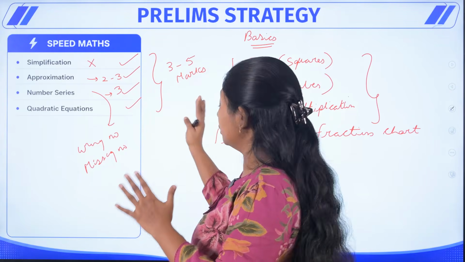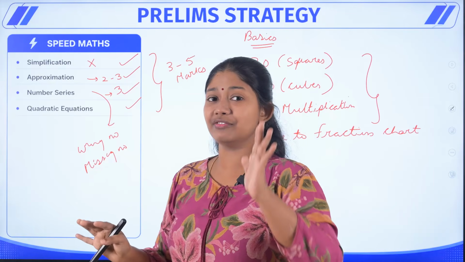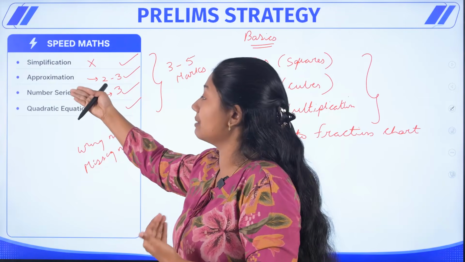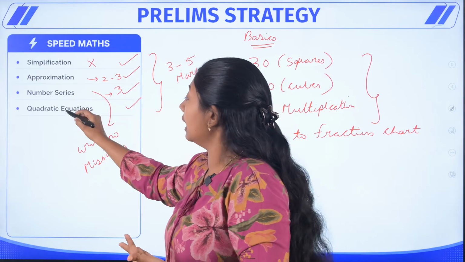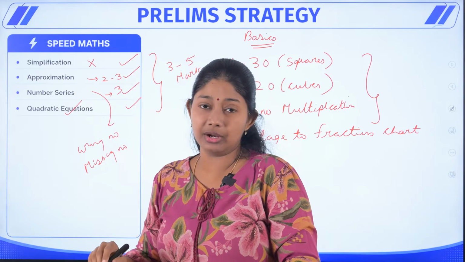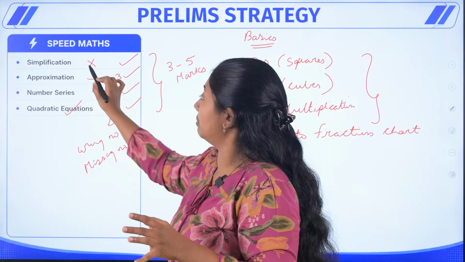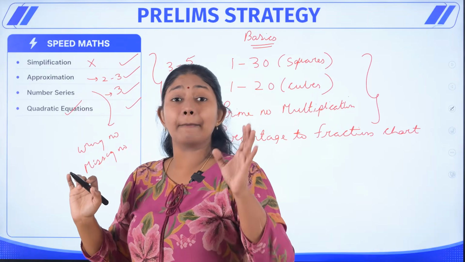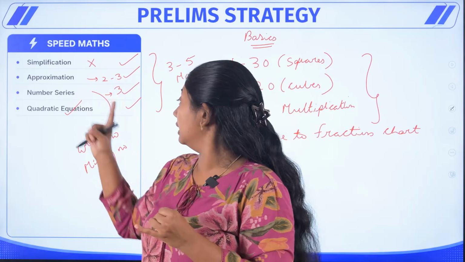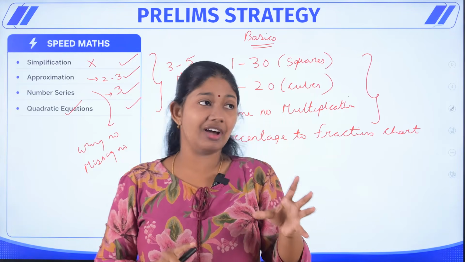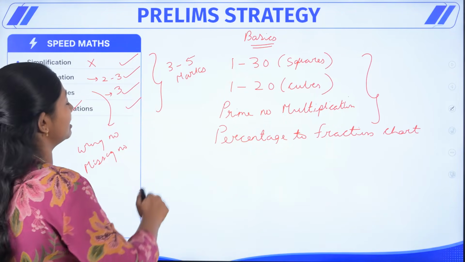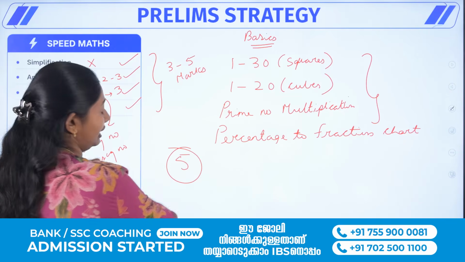So on an average, speed maths carries 5 marks weightage. Sometimes in some slots number series may not be coming. In that case, quadratic equation can come. So anyhow simplification will not be asked, approximation is important, and then you have the number series. So on an average, from speed maths 5 marks maximum weightage.